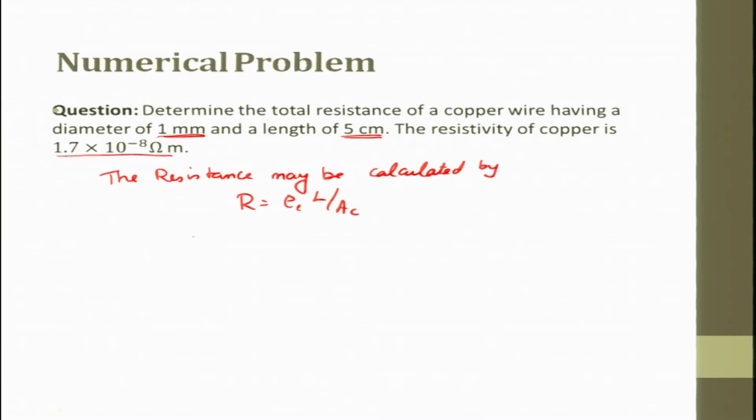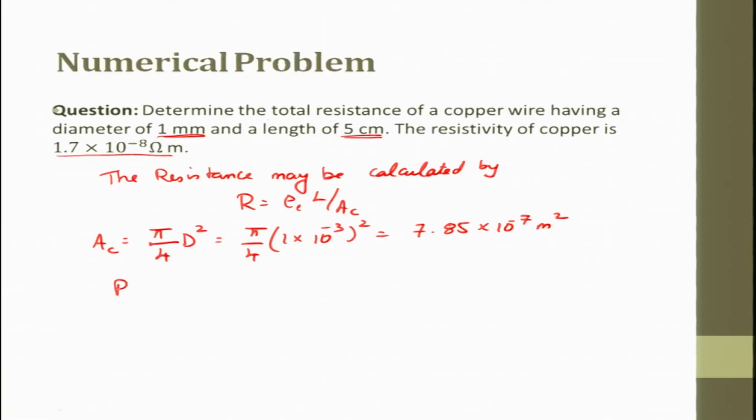AC can be expressed in terms of pi by 4 d square, which is pi by 4 into (1 into 10 to the power minus 3) the whole square, which is nothing but 7.85 into 10 to the power minus 7 meter square.